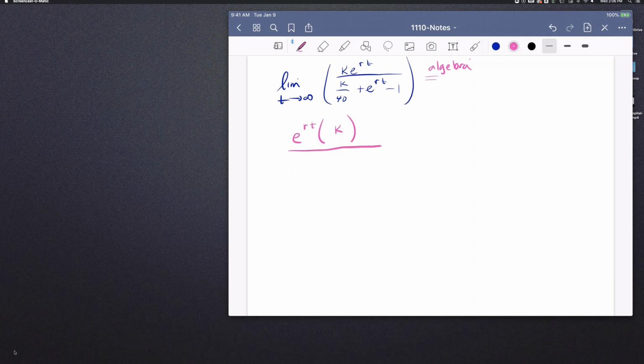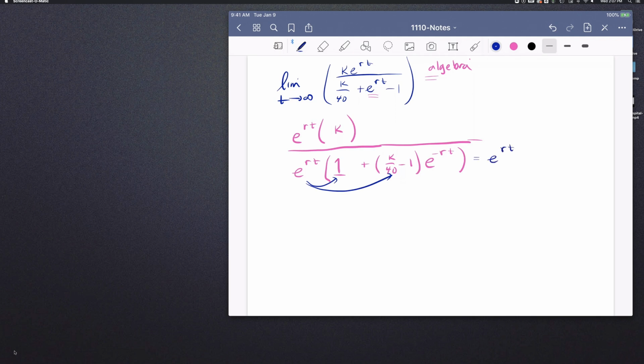If you factor e to the rt out from the top and the bottom, factoring it out of itself leaves 1, and then we have the constant k over 40 minus 1, and factoring e to the rt out of that gives minus e to the negative rt. You can check by distributing the e to the rt back through, and that bottom term will be e to the rt.